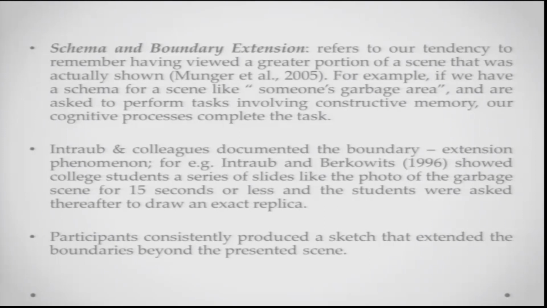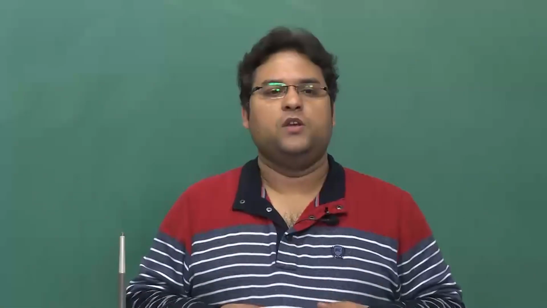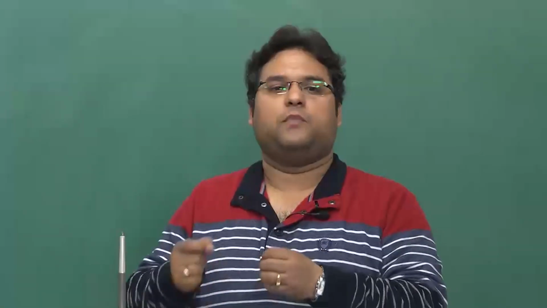A lot of times people view these scenes and events, and later when they are asked to recall, they let their schemas interfere with their recollection of these scenes and events. This is an example of boundary extension.